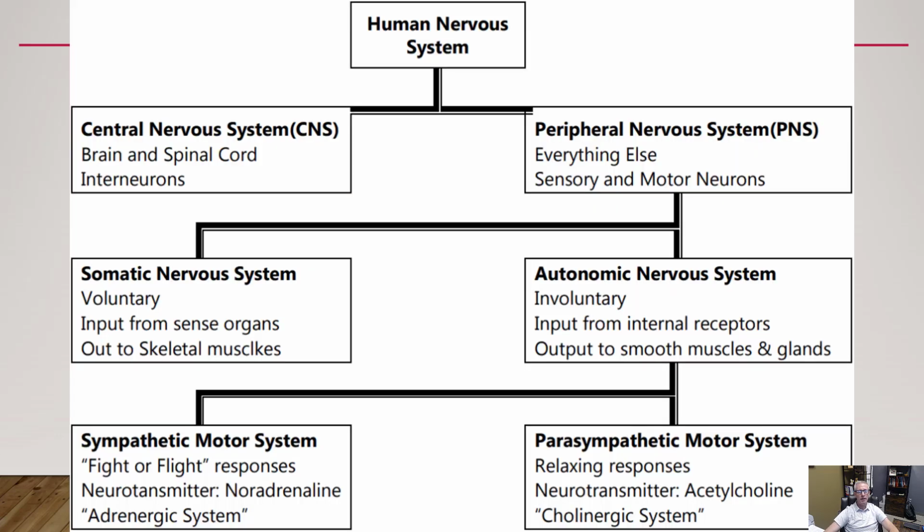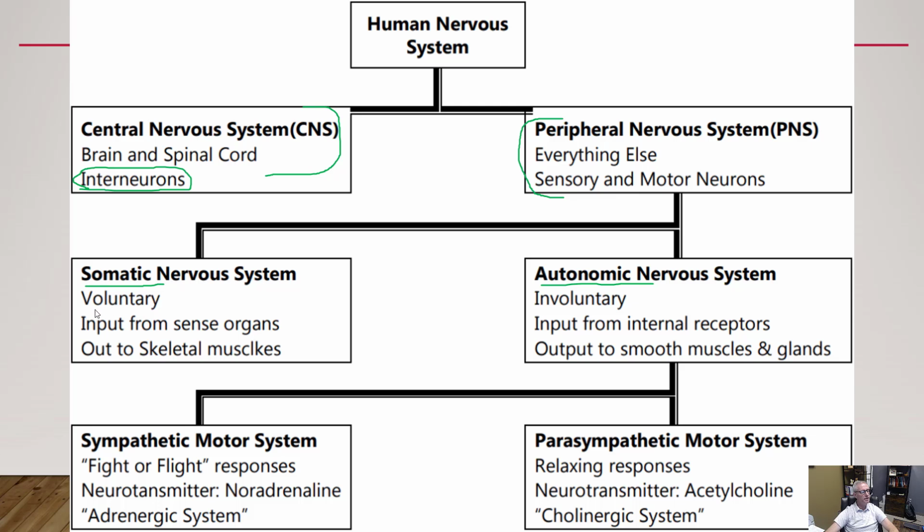So here's kind of a picture version of the breakdown. We have the central nervous system as the brain and spinal cord, and it says interneurons. We'll talk about interneurons later on. Peripheral nervous system is everything else. We have those sensory, afferent, and motor, efferent neurons. We can break up the peripheral nervous system into the autonomic and the somatic nervous system.